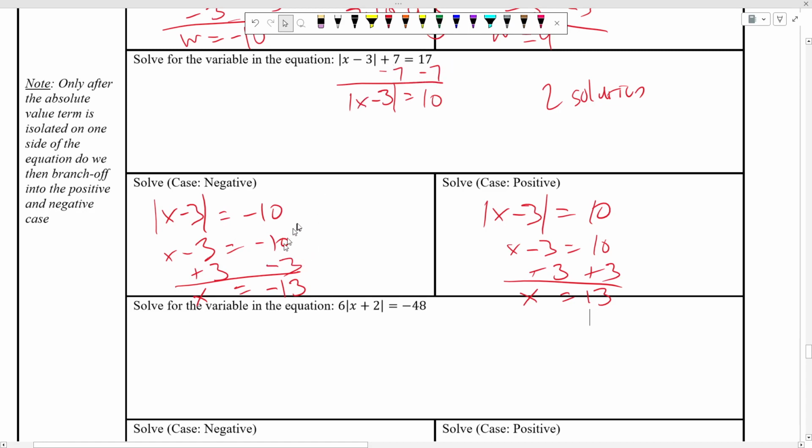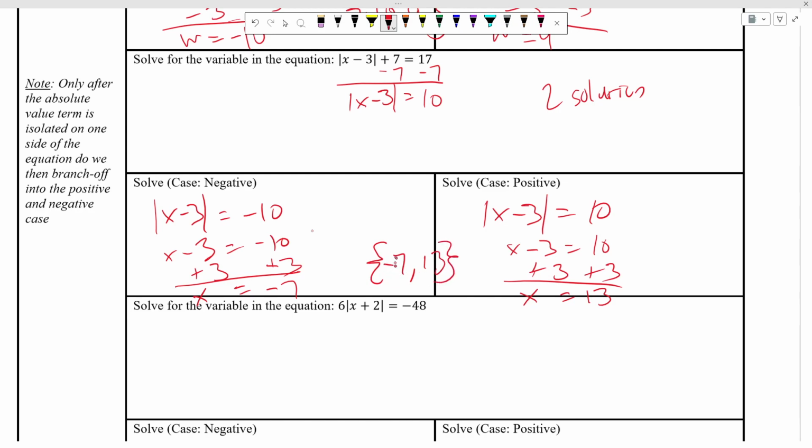Oh wait, negative 10 plus 3 is negative 7. There we go, that makes a little bit more sense. Okay, so now I've got answers to both, and so the solution set happens to be negative 7 and positive 13.